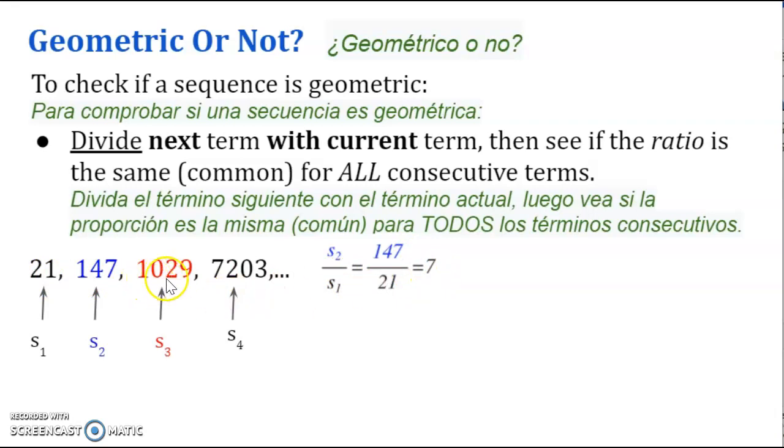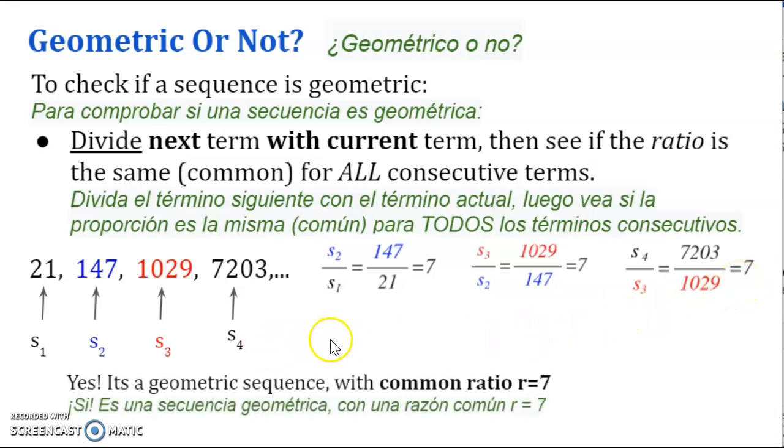What about 1029 divided by 147? That's also 7. And then finally, 7203 divided by 1029 is also 7 exactly. So this tells me that it is a geometric sequence with a common ratio of r equals 7.